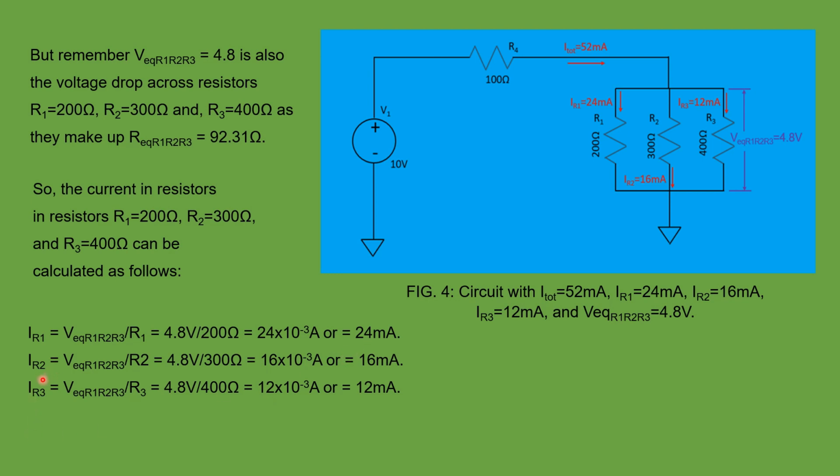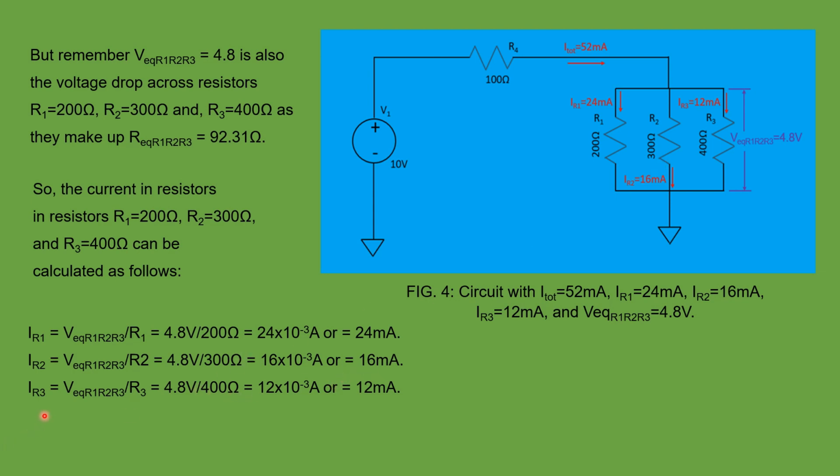In a similar way, the current through resistor R2 is once again also 4.8 volts, which is V equivalent R1, R2, R3 divided by R2, which is 300 ohms, and that gives us 16 milliamps.